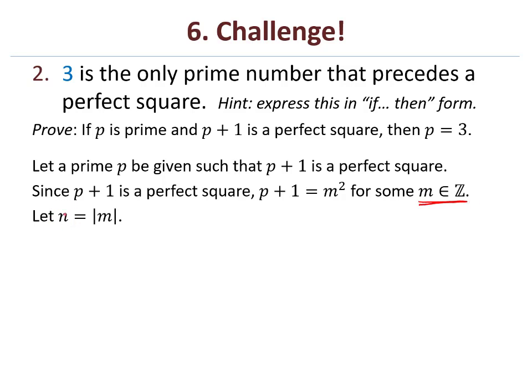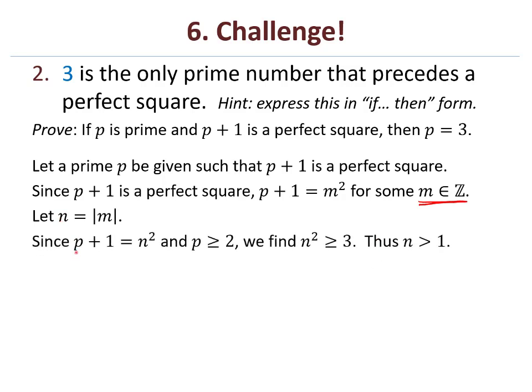I want to be sure that I'm really only dealing with the positive version of that. Since p plus 1 equals n squared, and p is greater than or equal to 2, we find that n squared is greater than or equal to 3. Thus, n is greater than 1.